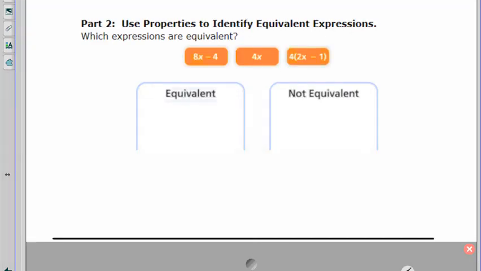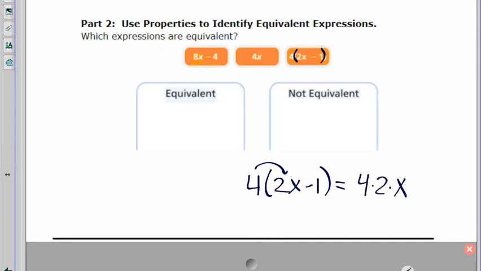Alright, so here we're looking for equivalent expressions. Two of those are equivalent, one is not. And I see parentheses here, so right away I'm thinking distributive property. If I had 4 times 2x minus 1, using the distributive property, 4 times 2x is 4 times 2 times x, minus 4 times 1.